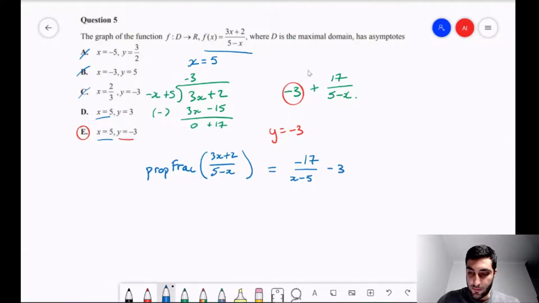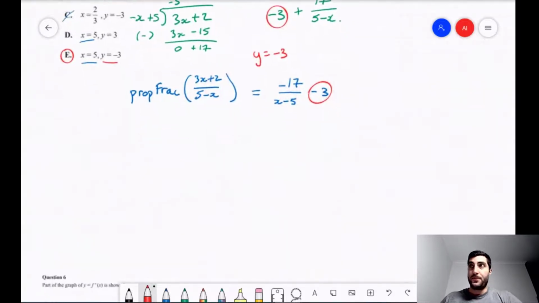So slightly different form. They've just rearranged the minus terms here, but the key thing again is identifying that the y asymptote is going to be translated 3 units downwards, so that would be minus 3. So something to keep in mind there.